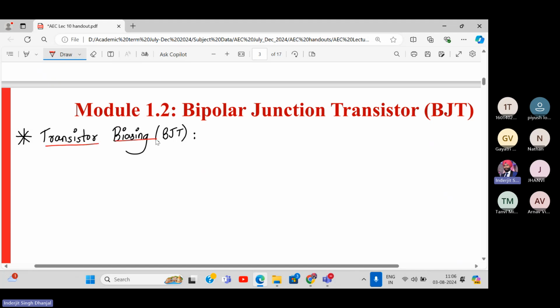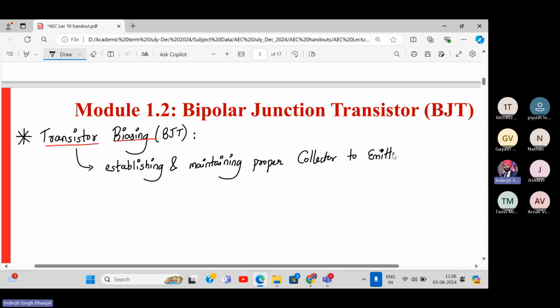So transistor biasing means that we need to establish, please write it down, establishing and maintaining proper collector to emitter voltage, collector to emitter voltage.